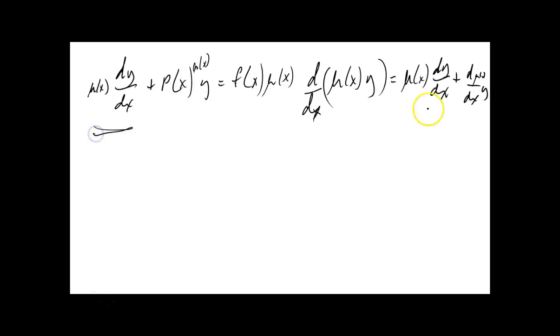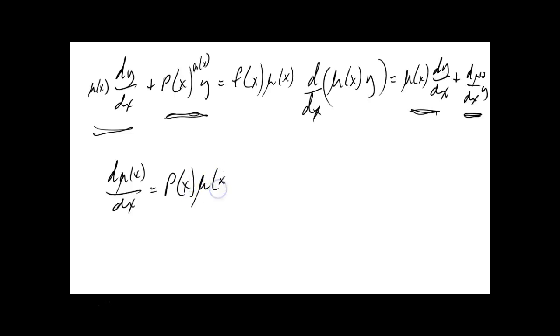This thing right here is exactly that term. Now, this term right here doesn't look just like this unless d mu of x dx is equal to p of x times mu of x. If those are equal, then this would be exactly that.